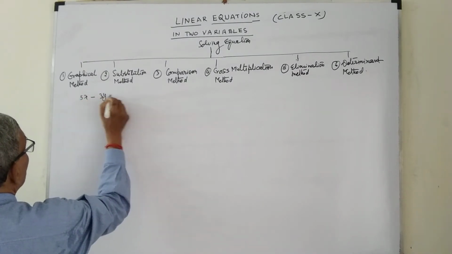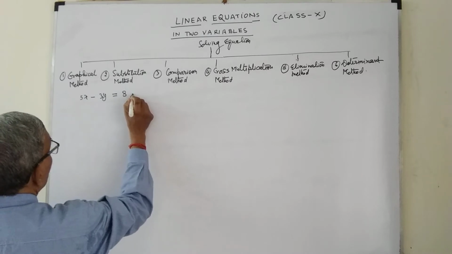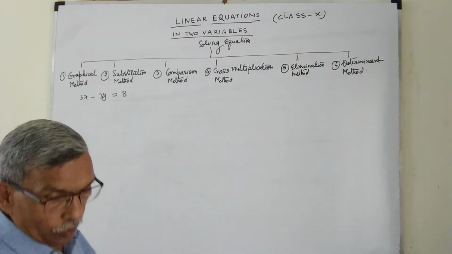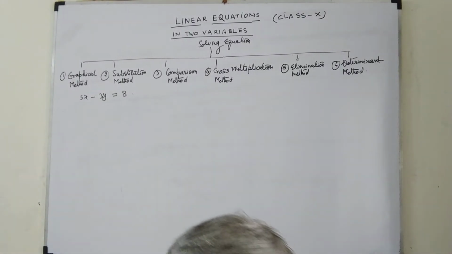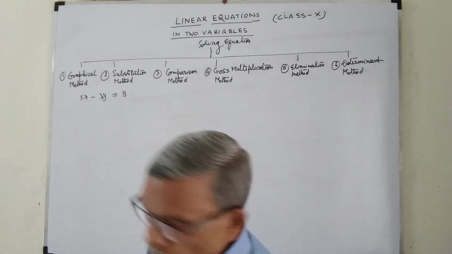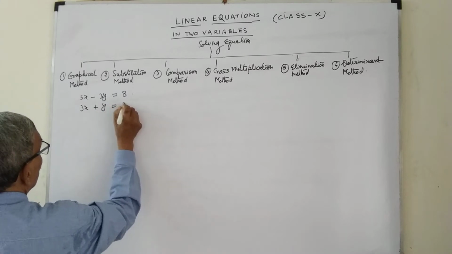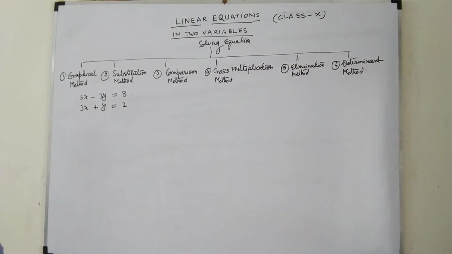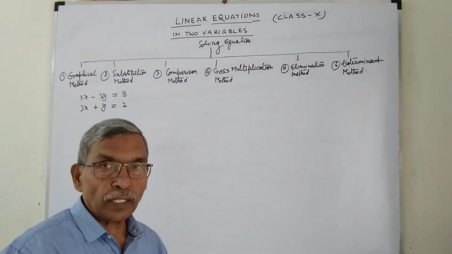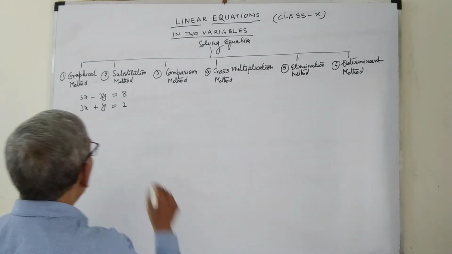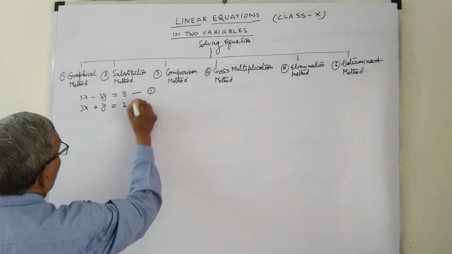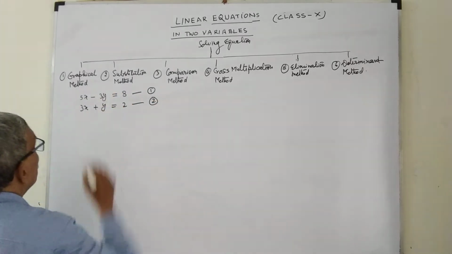And another equation is 3x plus y is equal to 2. So these two equations, this way two equations will be given to you. So let us name them. This is number 1 and this is number 2.